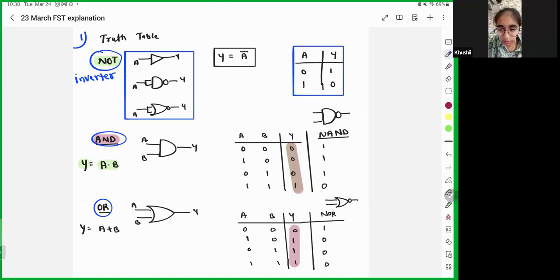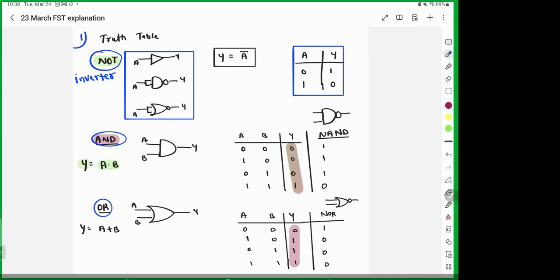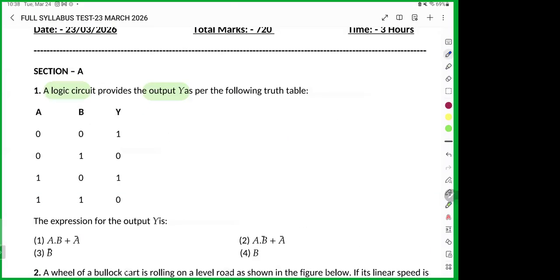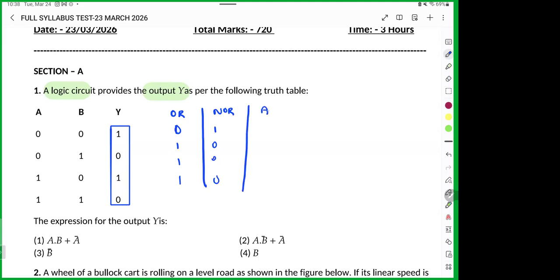If you understood this well, now come to the question. This is your Y. Your OR gate was 0 1 1 1. Your NOR gate was 1 0 0 0. You need to remember only two, OR and AND.